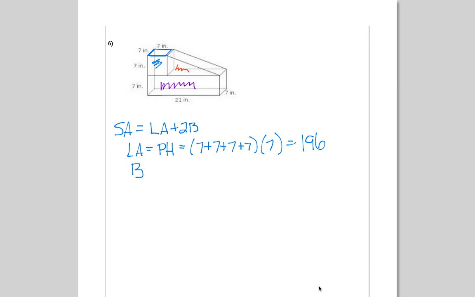Capital B is going to be 7 times 7 because the area of that blue square is 49.